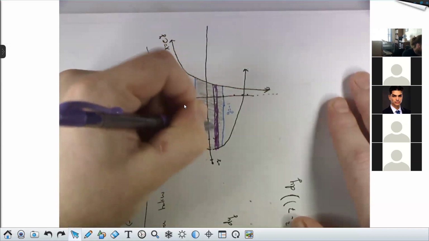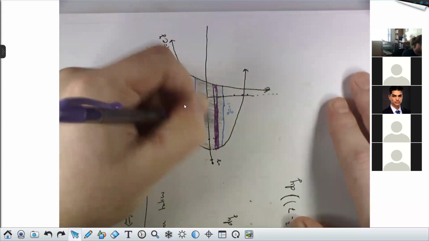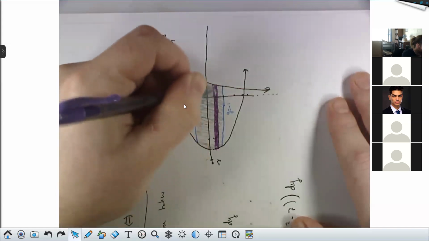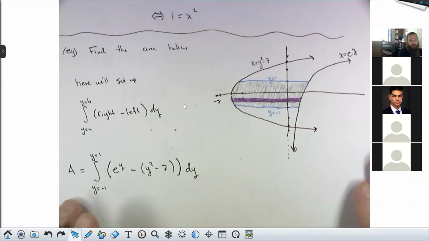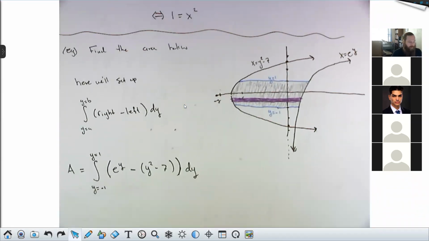While it might not seem like an important step here, the next thing we do with these is we rotate them to generate solids, and we find the volumes of those solids. And when it comes to those sort of problems, drawing in the little strip is going to be a really important step. So it's a good habit to get into while we're here.